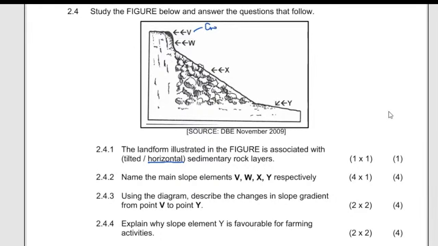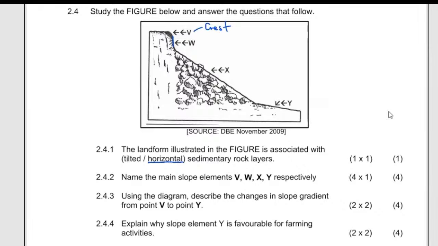We call this the crest. Coming from the crest, going down, there is a vertical, perpendicular part of the slope.